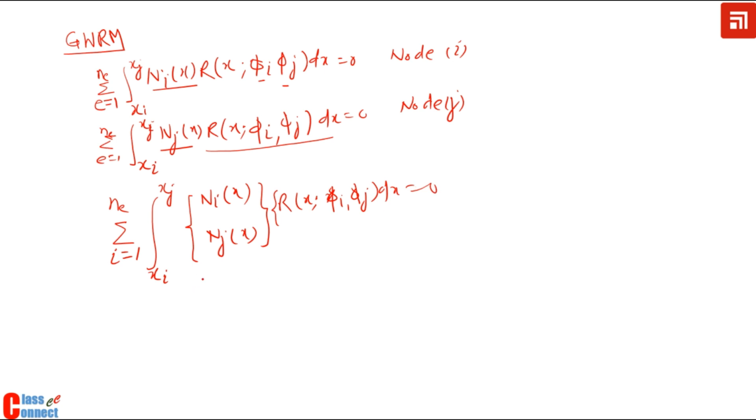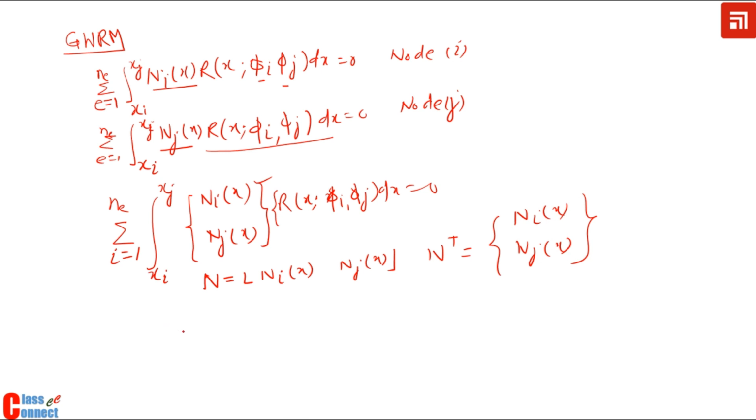So if I assume that N is given by the row vector Ni(x) and Nj(x), then the transpose of this, N transpose, will be equal to what we have written here: Ni(x) and Nj(x).